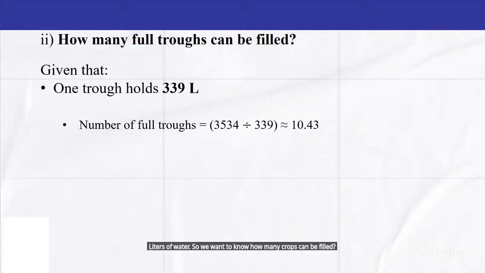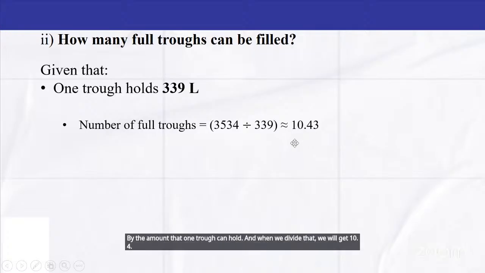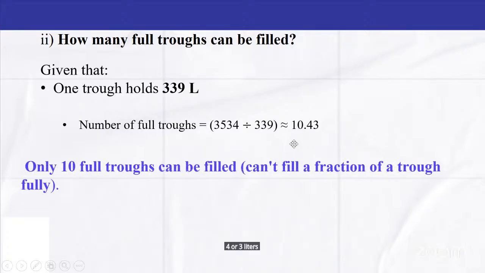So we divide the total amount of water from the external cylinder by the amount that one trough can hold. And when we divide that, we will get 10.43. So only 10 troughs can be filled.